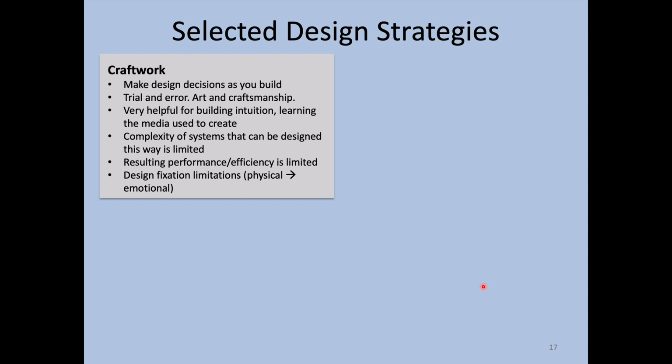And instead of purchasing a standing desk, I found some scrap wood, and I used a really informal approach. I had a mental model for what I wanted it to look like. I did take a few measurements, but it was not a very formal design strategy. And I just kind of made design decisions as I went. I did not have a complete description of the design when I started building.